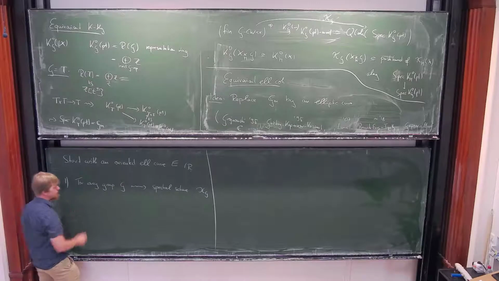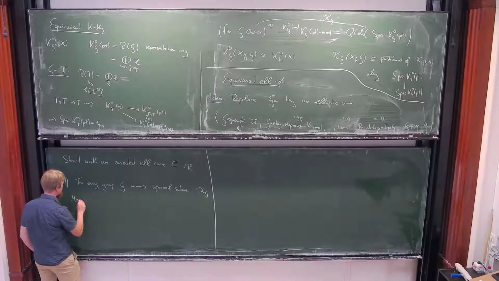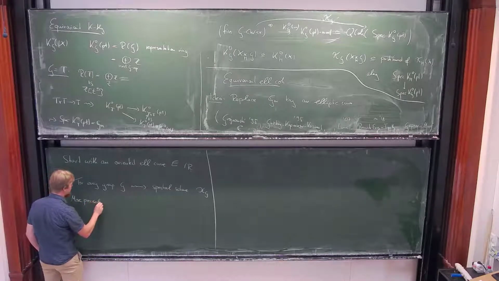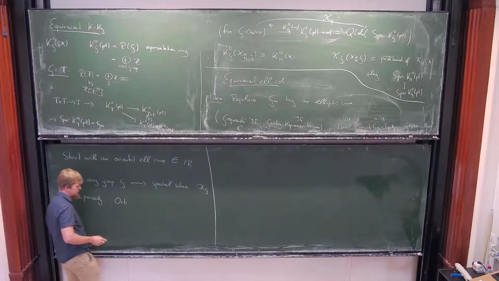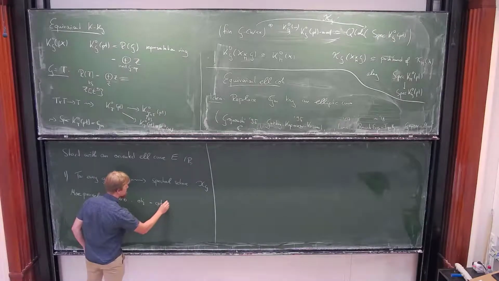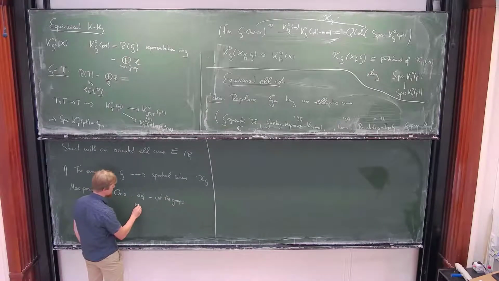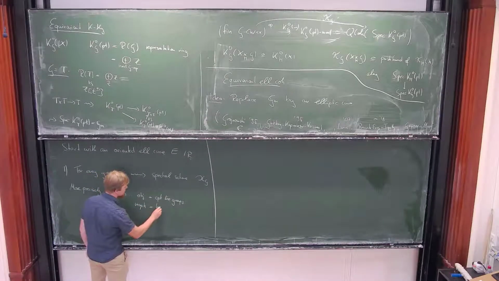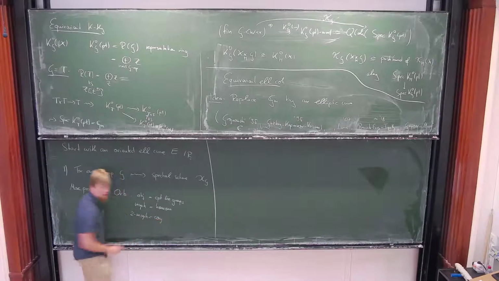So more precisely, because we want, of course, that it's functorial in the group, we consider the following category: the objects are compact Lie groups, the morphisms are homomorphisms, and the two-morphisms are conjugation.